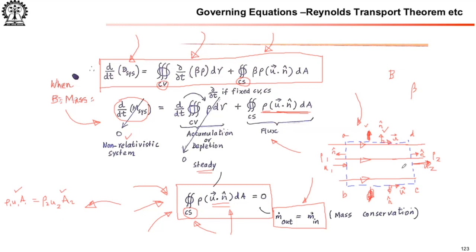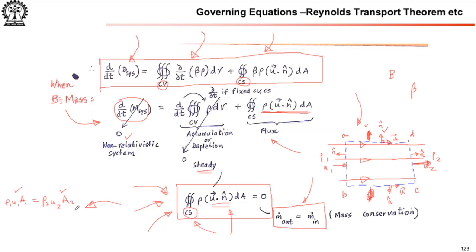It is not always possible to draw a control volume like this, as we will see in our subsequent discussions. If we see the flow through a convergent divergent nozzle, there also we will use a control volume, of course of a shape that is contoured along with the shape of the nozzle. But there also we will say it's a quasi 1D problem, and then we can still use something like this.